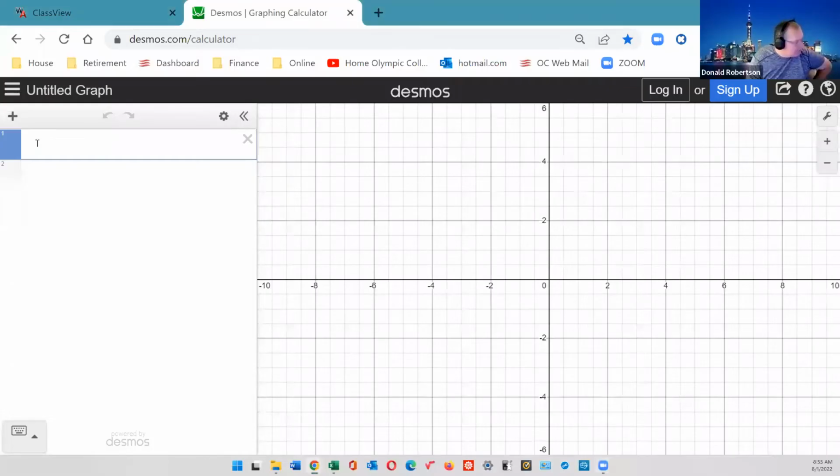Now, I'm pretty sure Desmos can handle this, so I'm going to call it h equals 2 plus 25.5 and take away 4.9 t squared.